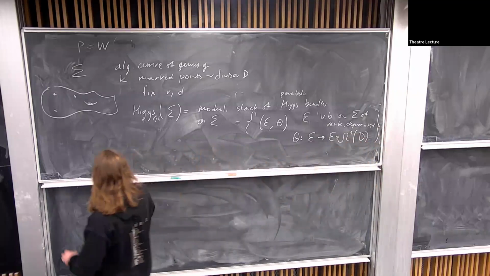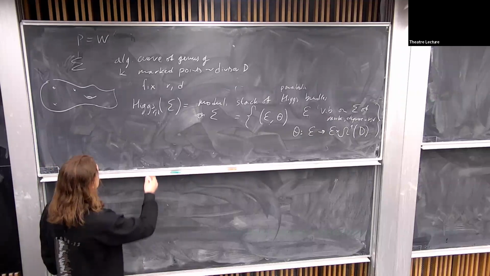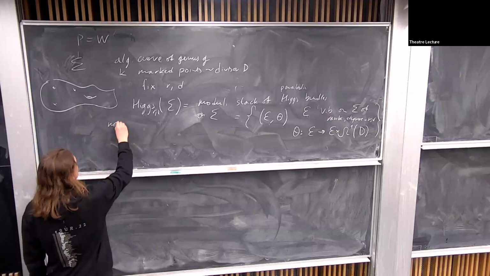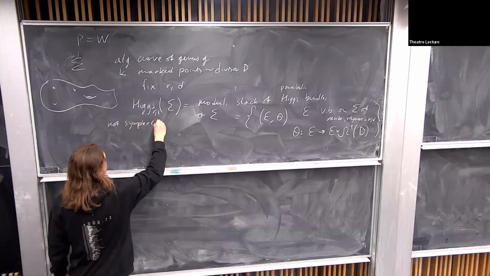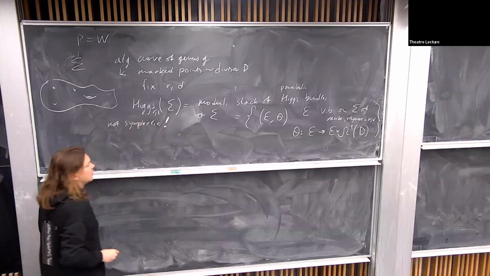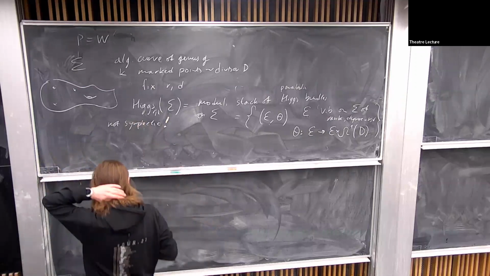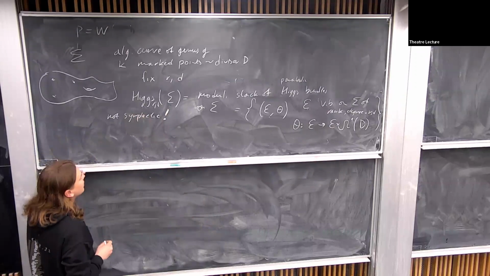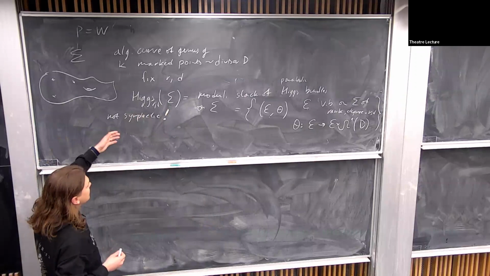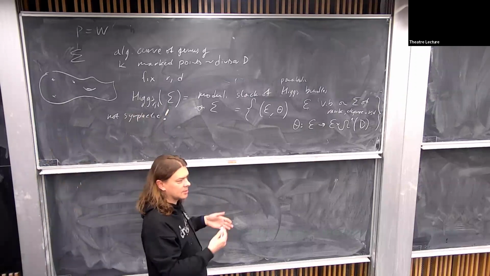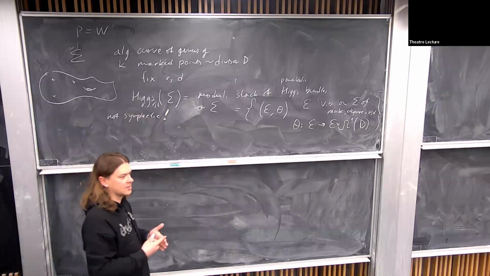So this is very large, and it's not symplectic. That's a warning. But to get some actual varieties, we need to introduce a stability condition and fix some other things.